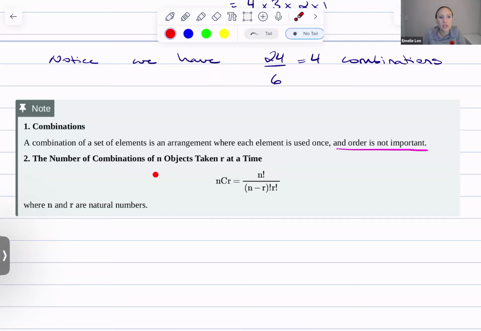So the number of combinations of n objects taken r at a time is nCr, and it's n factorial divided by n minus r factorial times r factorial.